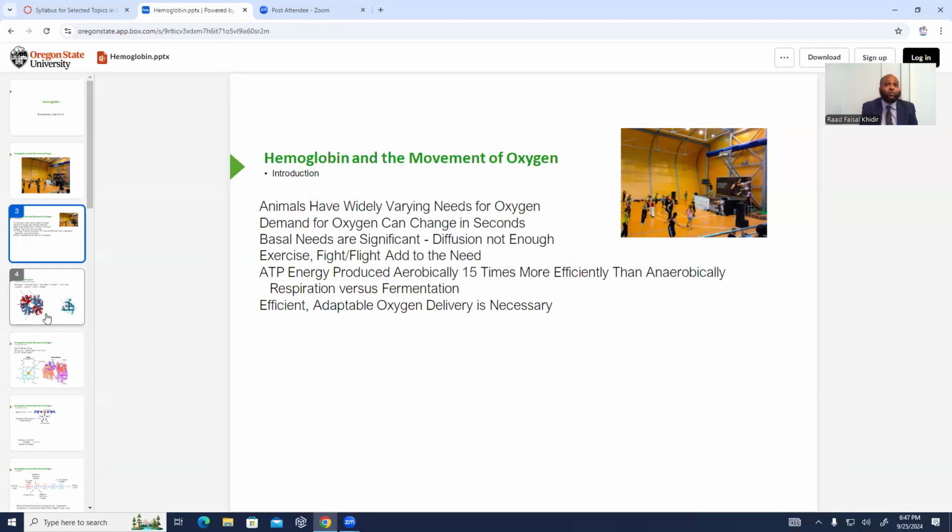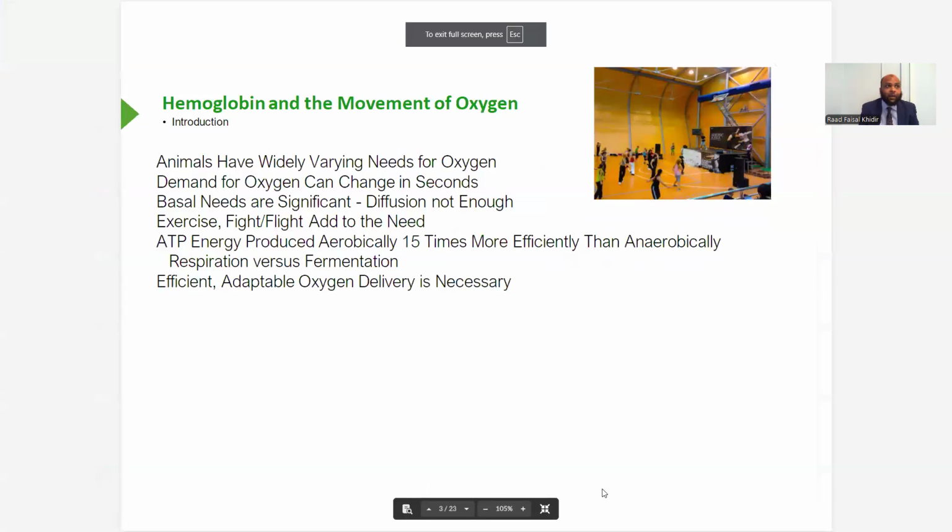Why do I need oxygen for my tissue? For oxidative phosphorylation and for aerobic respiration. So diffusion is not fast enough. And sometimes when you're stressed out or running for your life, in fight or flight, you're going to need hemoglobin to accelerate the passage.